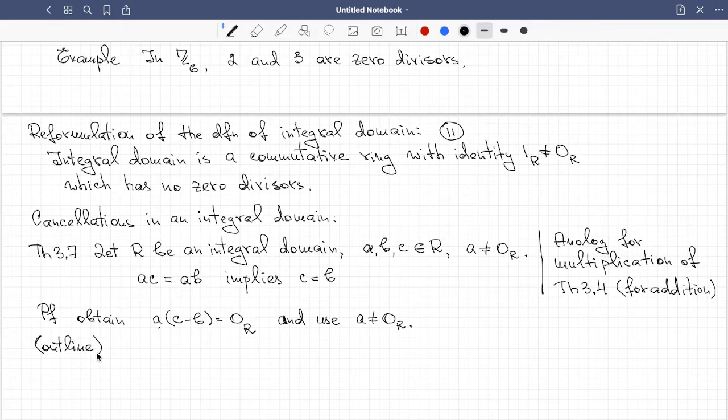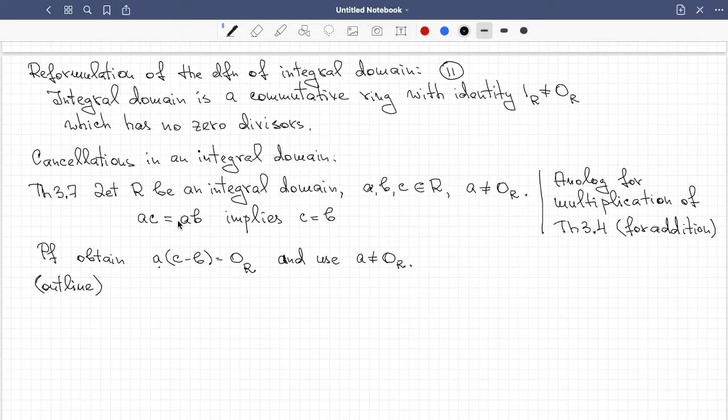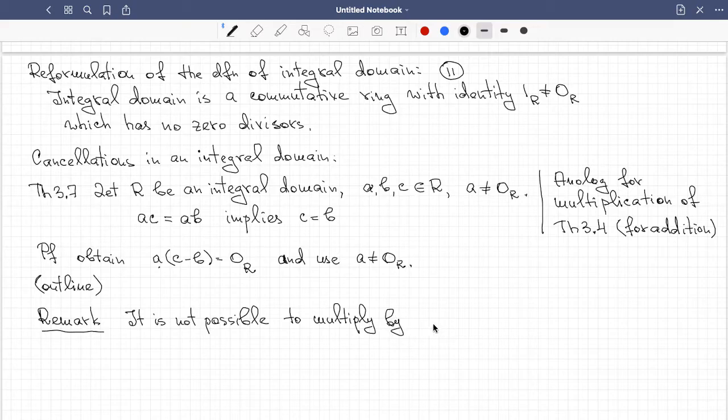But what I want to emphasize, important remark: it is not possible to multiply this by A inverse to get C equals B, because A inverse may not exist.